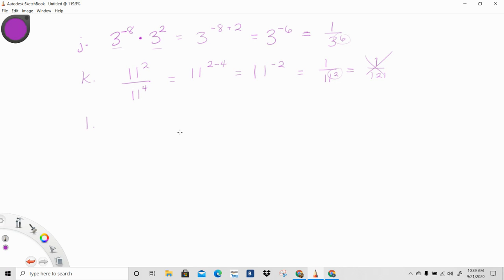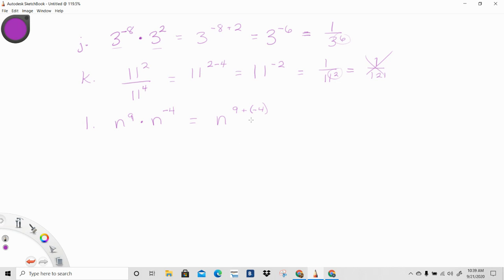Letter L. We have n to the 9 times n to the negative 4th. Now, again, we're going to be adding our exponents, right? So we have n to the 9 plus negative 4.